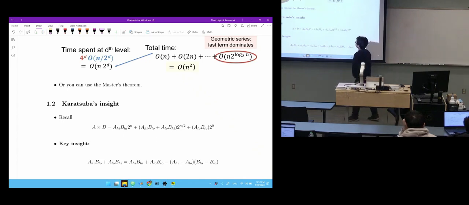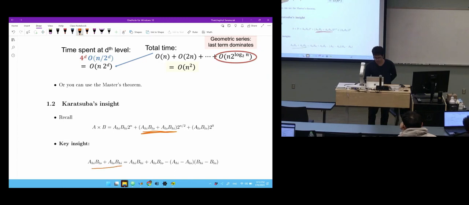However, the key insight by Karatsuba says this. If you look at this term, you can just rewrite it in this way. Okay.